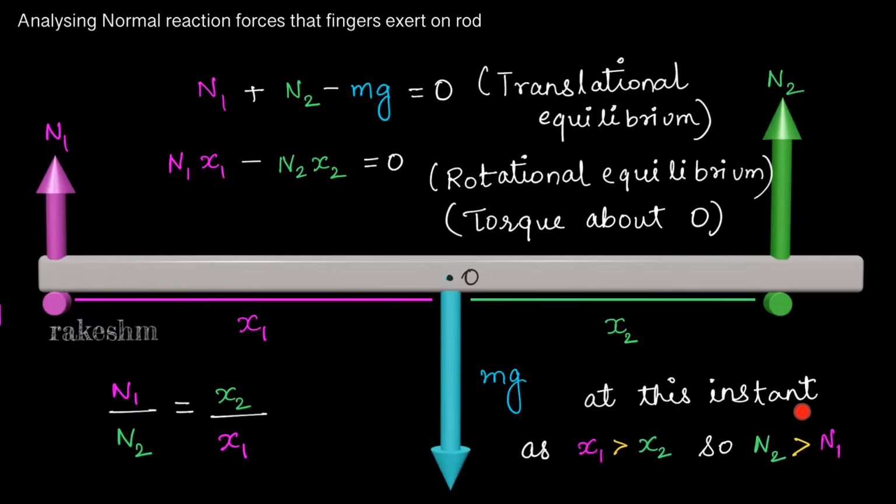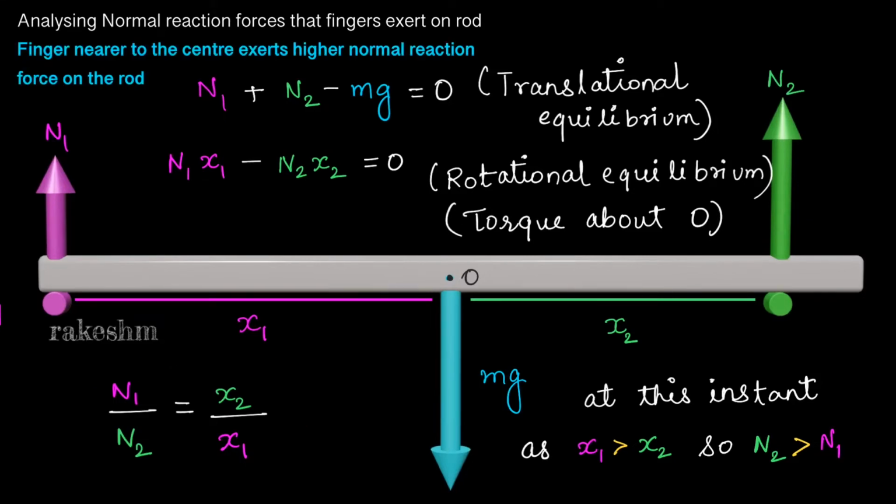At this instant, as x1 is greater than x2, N2 is greater than N1 from this equation. We come to a very important conclusion here: the finger nearer to the center exerts a higher normal reaction force on the rod.